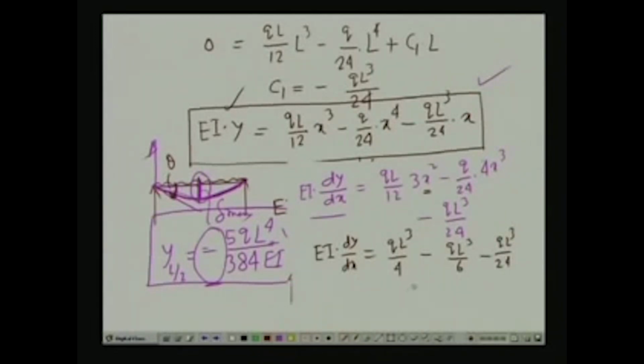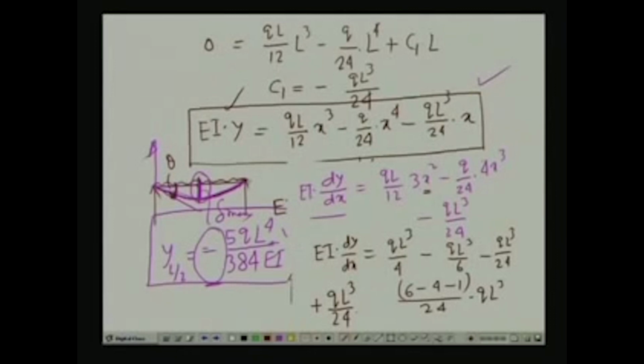So, we have (6 minus 4 minus 1)/24 times qL³. So here you get this as qL³/24, and mind that here we get a positive value.